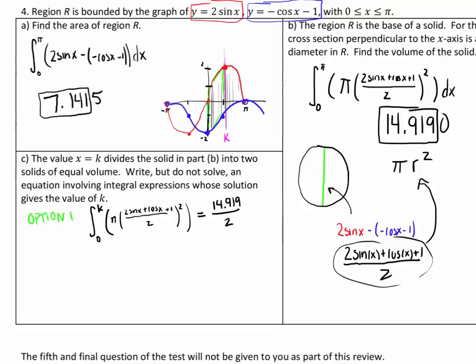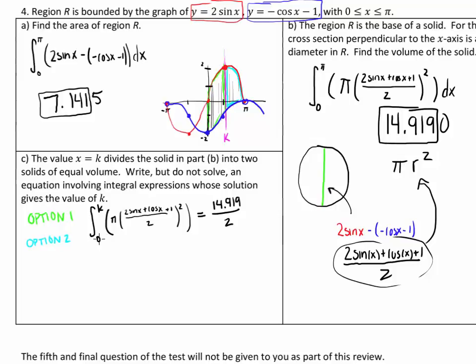Option 2 is very, very similar. It's just taking this side over here and saying it's equal to half of that number. So I'm going to put option 2 right next to this because it's basically the same thing. The only thing that changes are the bounds.